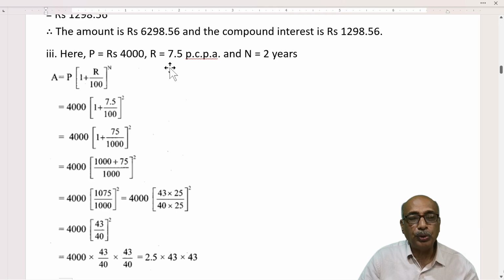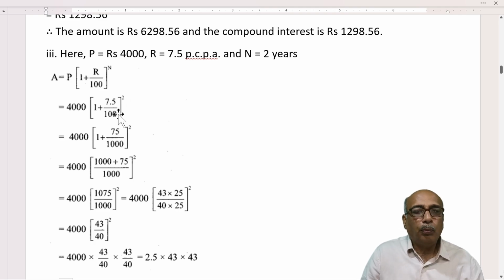R equals 7.5 PCPA. Here rate of interest is given as 7.5. N equals 2. Formula remains the same. Only the calculations involve a decimal point. Here it is explained. So the value of R is 7.5.